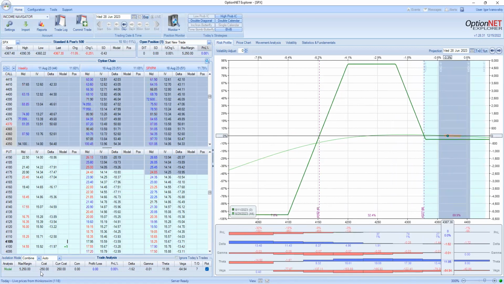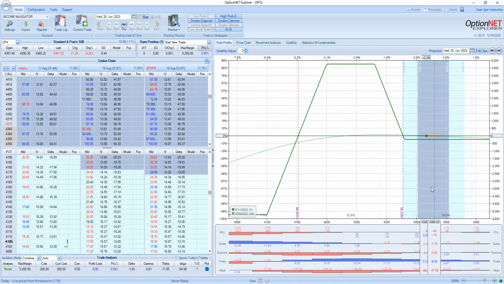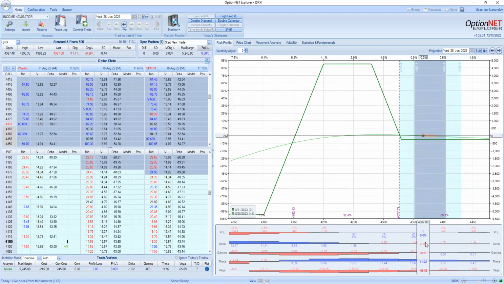So you don't get as much credit for the 100-point wide credit spread. Your net debit is going to be a little bit higher, and that is also going to change the Greeks a little bit. You will have a little bit more negative delta, a slightly higher theta, and Vega is about the same.